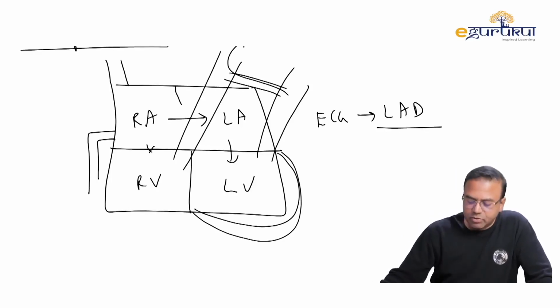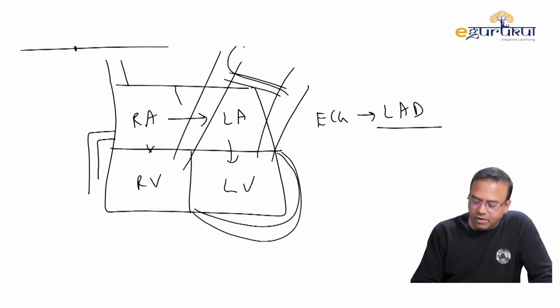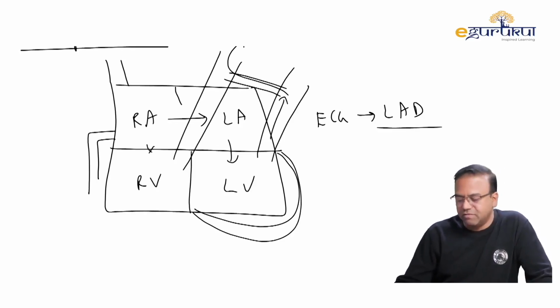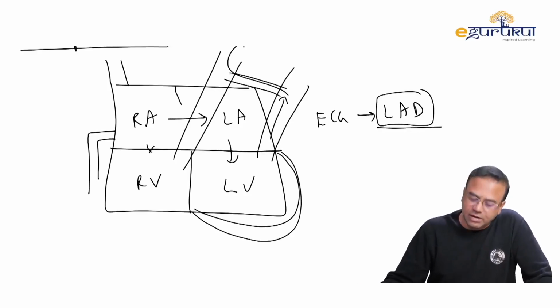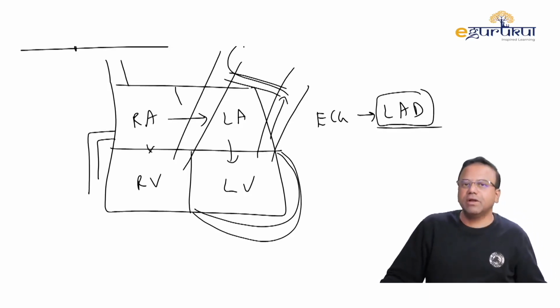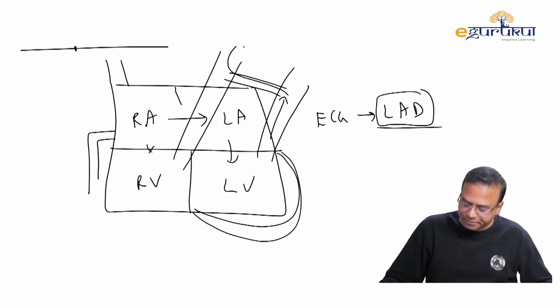So here also the atrial septum is open. The blood moves from right atrium to left atrium, left atrium to left ventricle and via the aorta, and through the ductus it supplies the pulmonary circuit. So the LV is doing all the work. The RV is getting hypoplastic. This is going to shift the axis towards the left side, and the left axis deviation is a very important finding to tell you that this is tricuspid atresia.